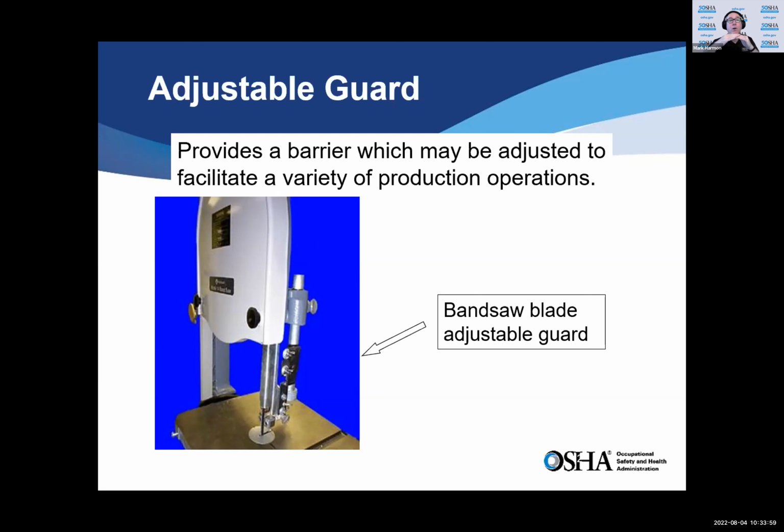But the part of that blade that is unused must be covered, must be guarded, right? So if you're familiar with this machine, it's always important to look at your bandsaw to consider the unused portion of the blade. Is it guarded?